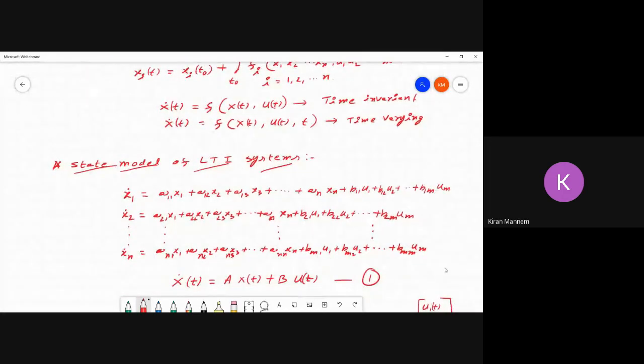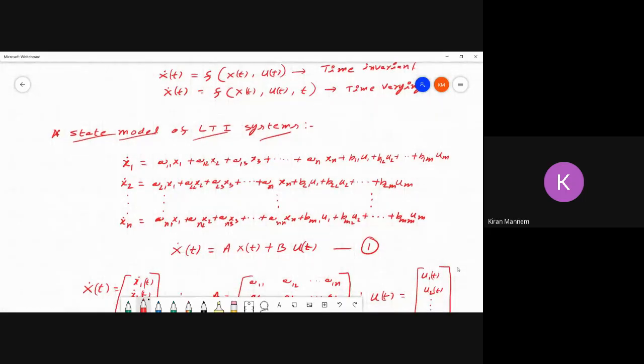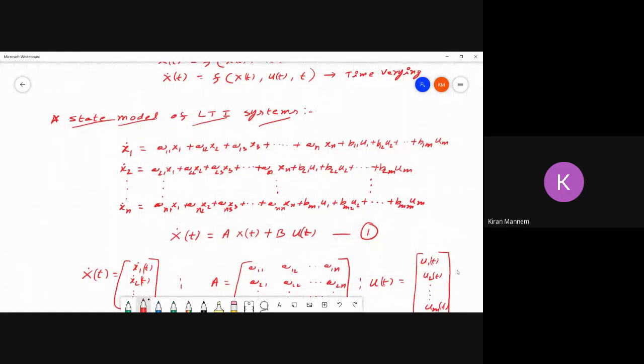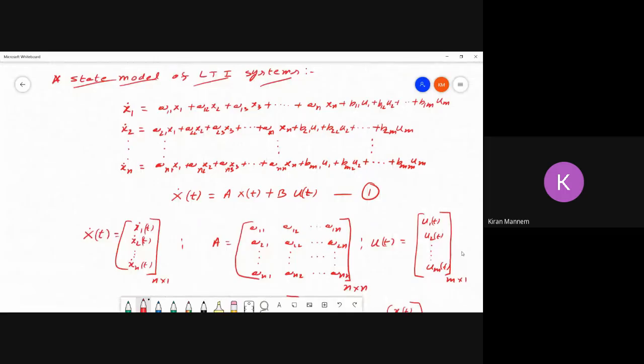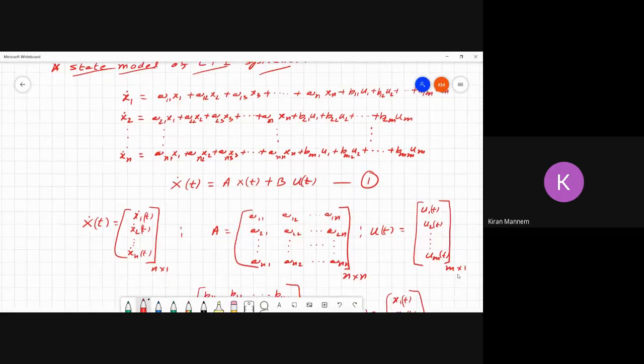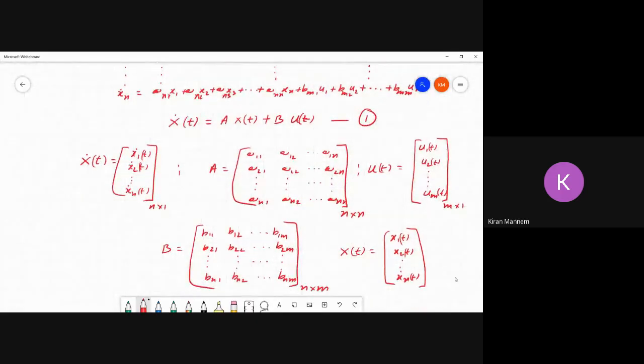So, state model for LTI systems. Instead of taking a function, we'll take a linear combination of state variables and input variables. The equation is x dot of t is equal to A into x of t plus B into u of t. So it can be written in matrix form.